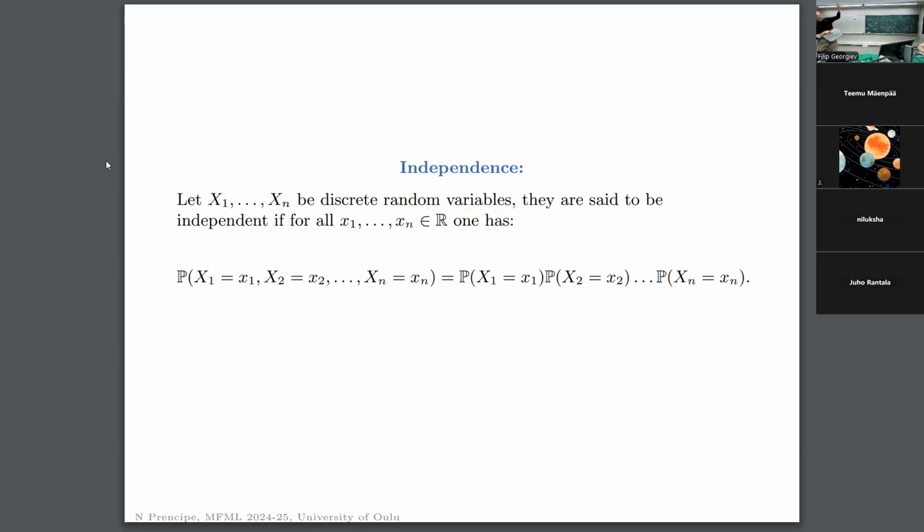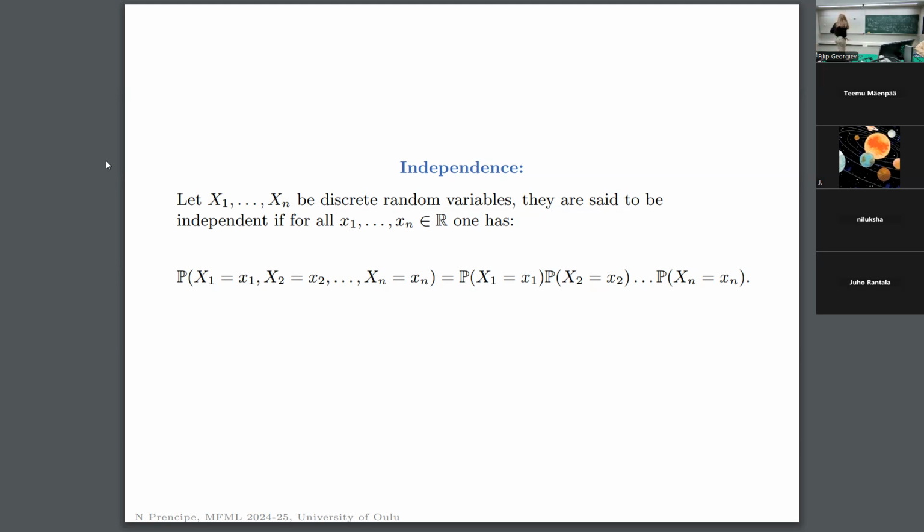So if I take n real numbers, the probability that the first one is equal to x1, comma, because the comma means and in this notation, the second one is equal to x2, etc., and the last one is equal to xn. The comma means and, also intersection between events. The probability that all that happens together is equal to the product of the single probabilities. Maybe I'm going to define them also for continuous ones, but this is the definition of being independent.